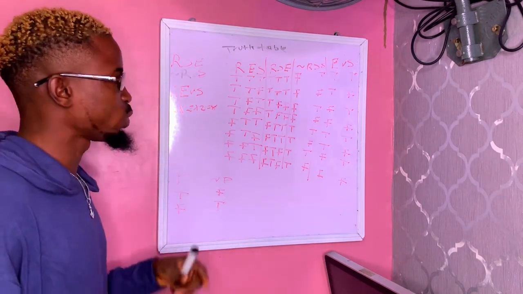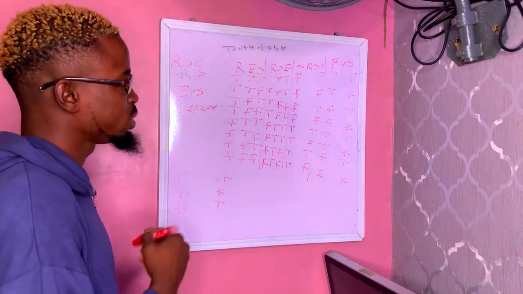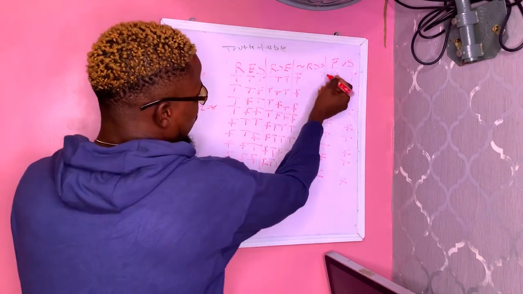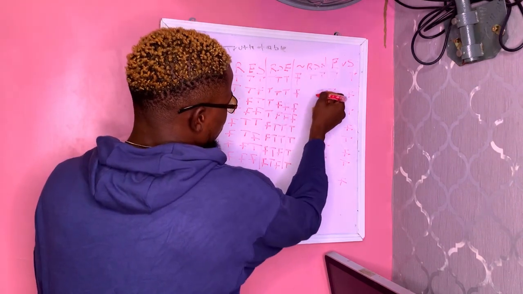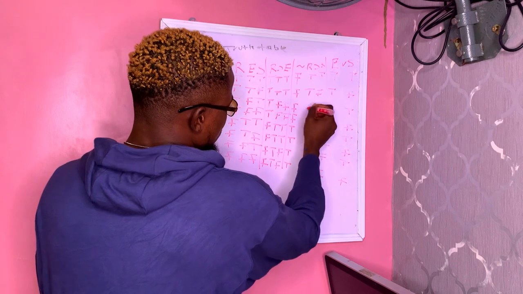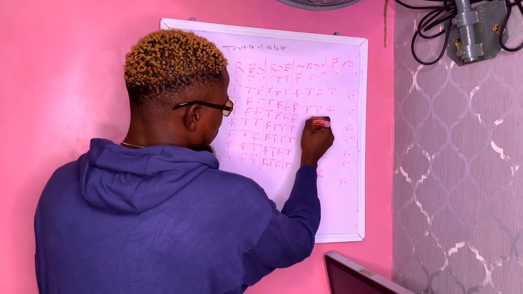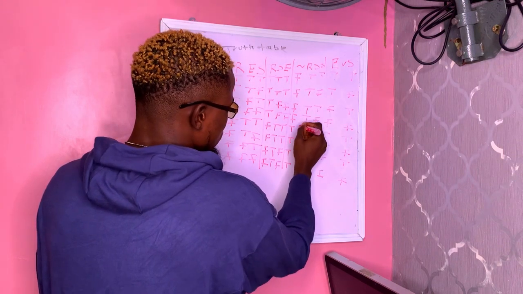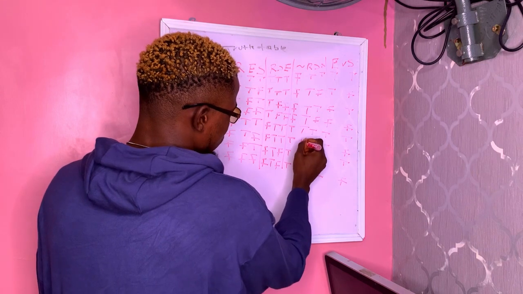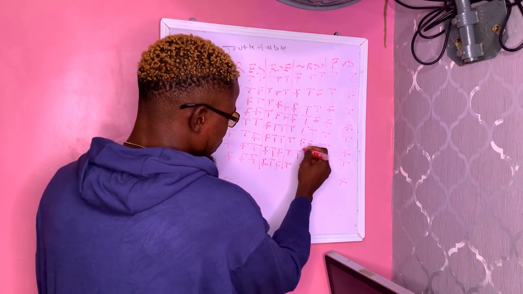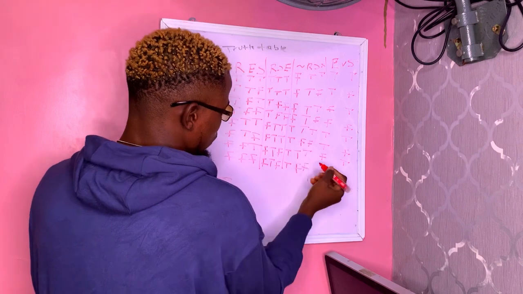Conditional is only false when the antecedent is true and the consequent is false. So FT gives us T, FF gives us T, FT gives us T, FF gives us T, TT gives us T, TF gives us F, TT gives us T, TF gives us F.